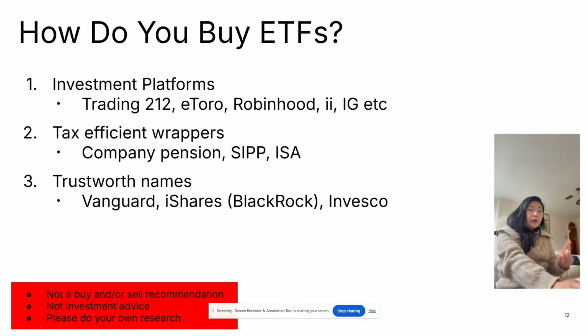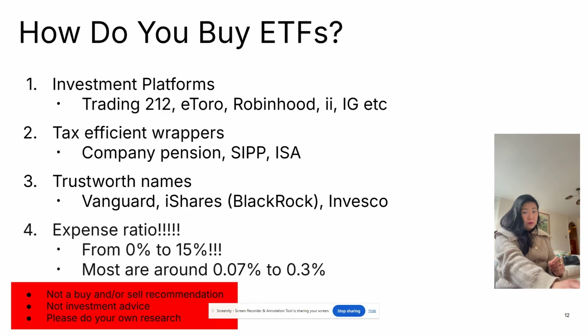One thing you really need to pay attention to in buying an ETF is what we call the expense ratio. Because you're not going to get the fruit basket for free, right? Even the basket itself costs money. The person who put together the fruits needs to be paid. This is what we call the expense ratio. It is quite a competitive market out there selling ETFs, and most ETFs have an expense ratio of 0.07 to 0.3, so very, very efficient. You don't pay this 0.07% directly.